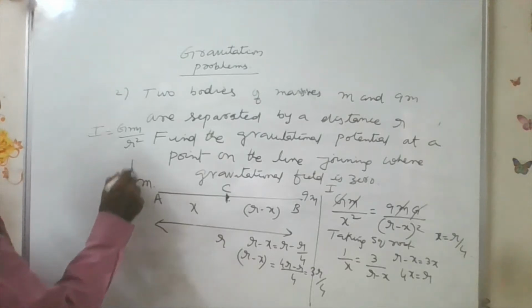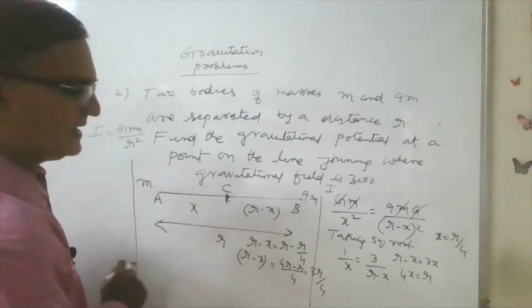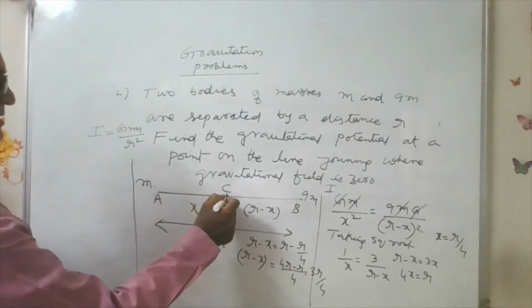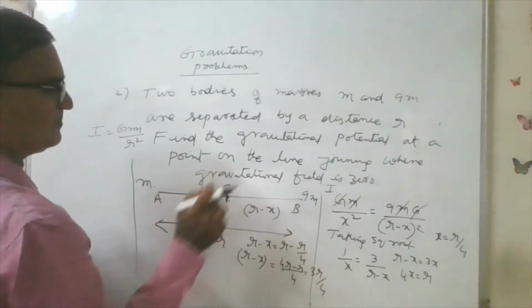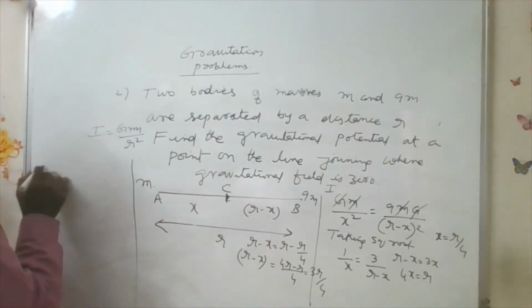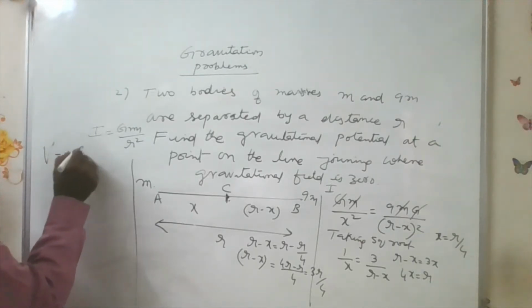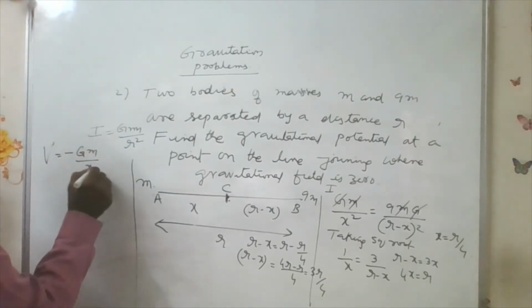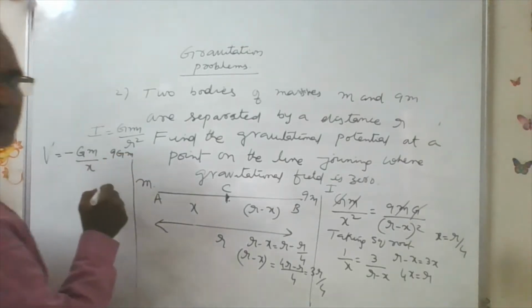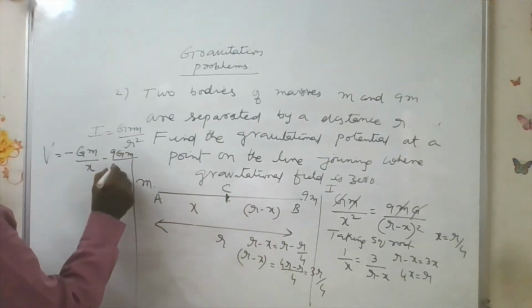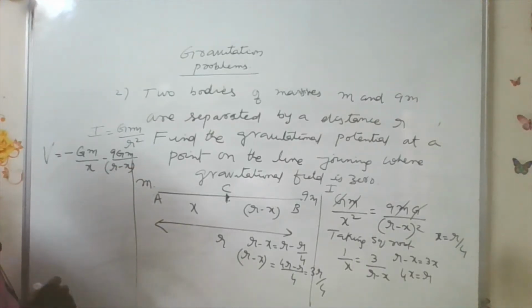Now to calculate the gravitational potential at the point C, you have to take the gravitational potential of AC and CB. So here gravitational potential is equal to minus GM by x minus 9GM by r minus x.